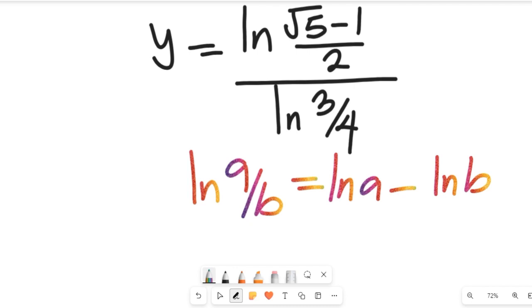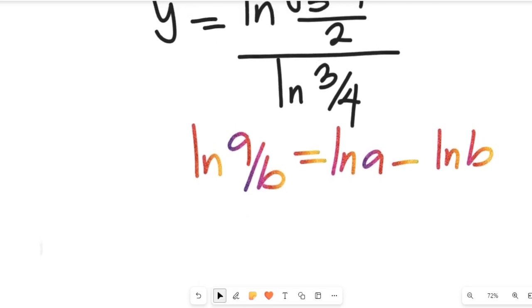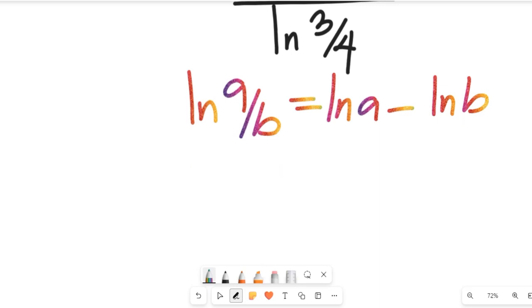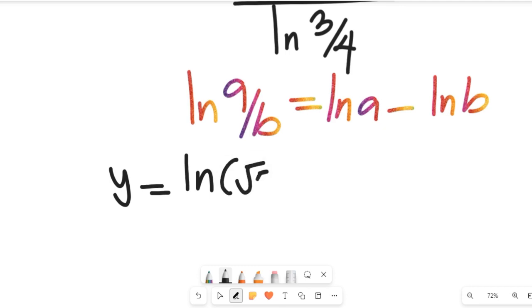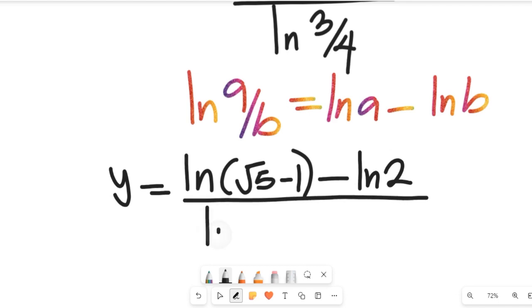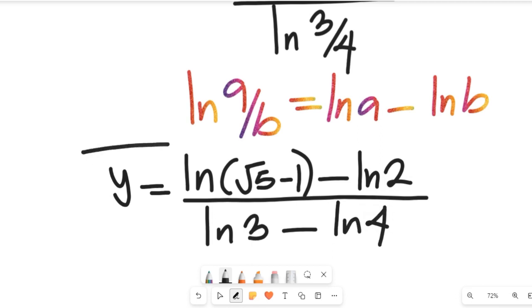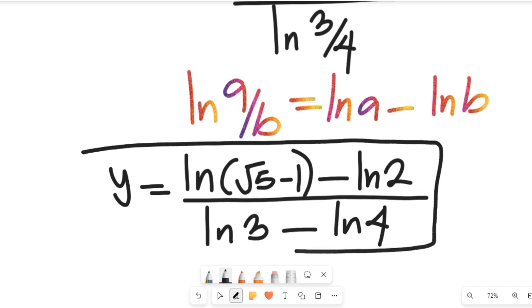So applying it to that expression, we're going to have the value of our y equal to the natural log of root 5 minus 1, minus the natural log of 2, all divided by the natural log of 3 minus the natural log of 4. If we simplify this expression, we are going to find the value of y.